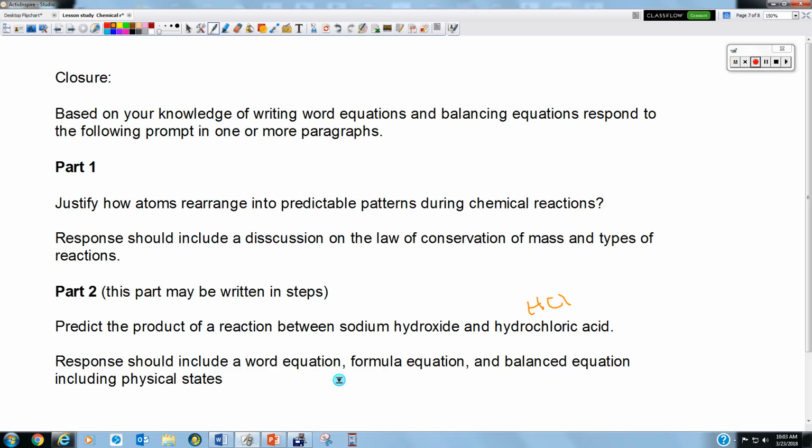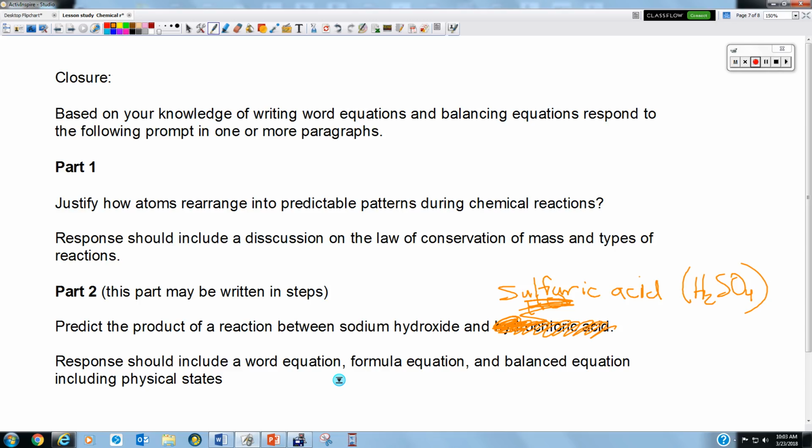So let's do sulfuric acid, which is H2SO4. All right, so instead of hydrochloric acid, replace it with sulfuric acid.